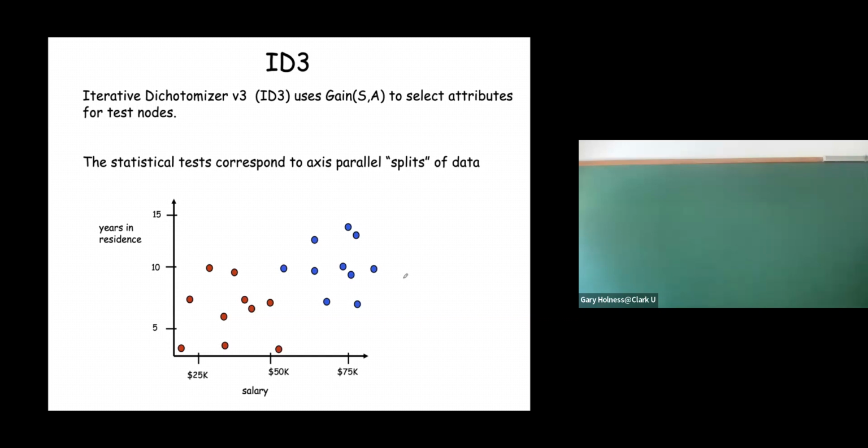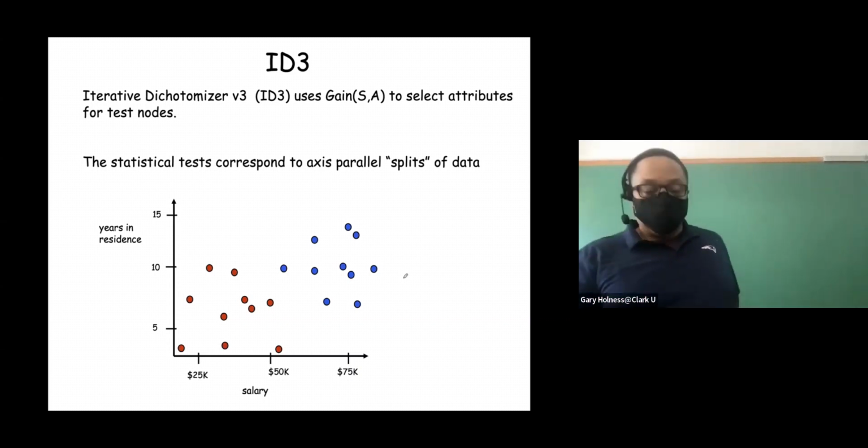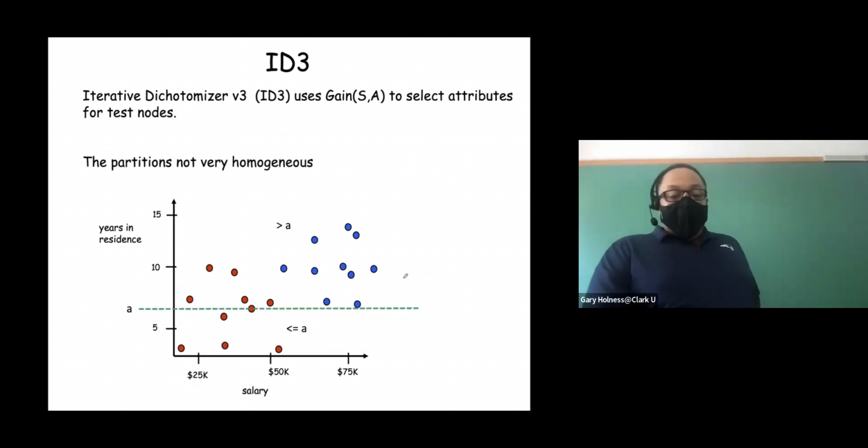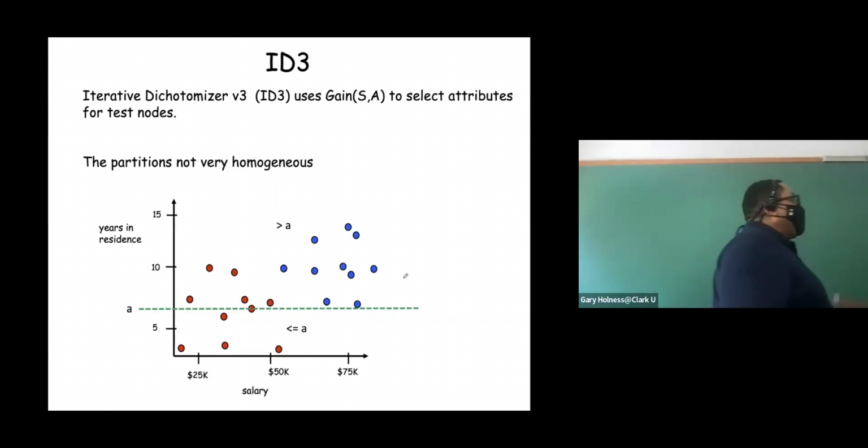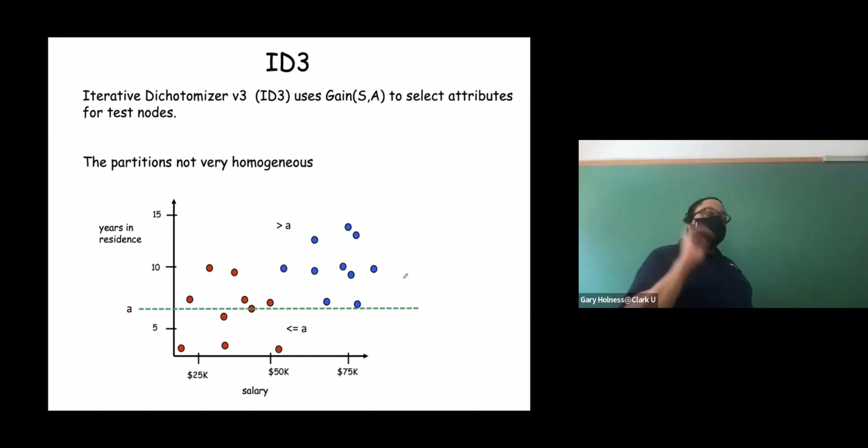And so let's imagine our point cloud that we've been carrying through in this scheme. And let's say we chose years in residence, and we want to have one of the years in residence, okay? Well, this point has a years in residence, that point has a years in residence, all the points have a projection on the vertical axis representing the years in residence. So we want to choose one of those values with which to partition the data.